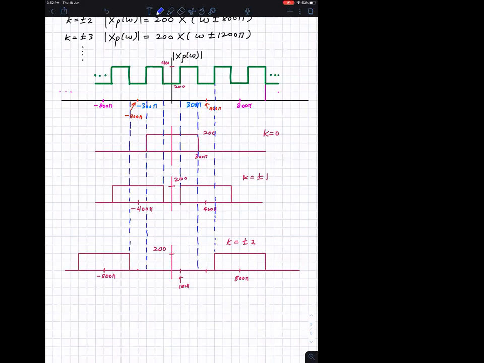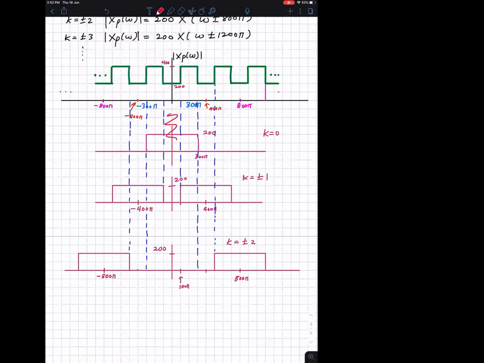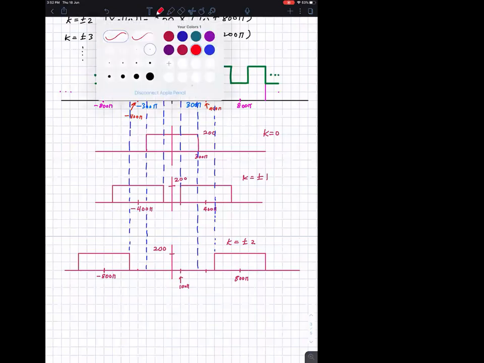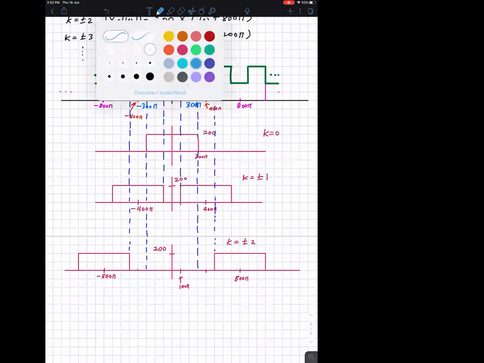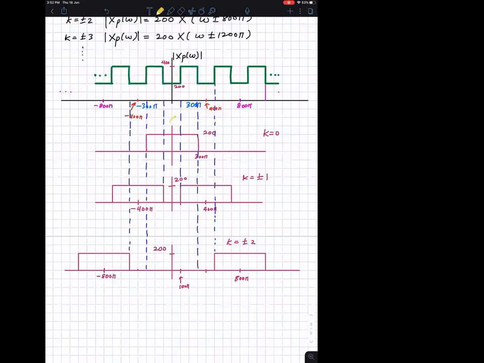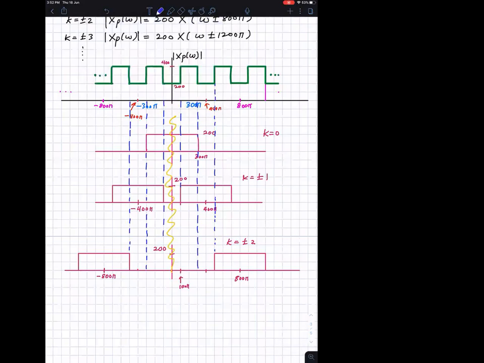So after dropping all these lines, you add them up. Let's look inside here first, maybe in a different color. Maybe I drop this line until here so that you can see.